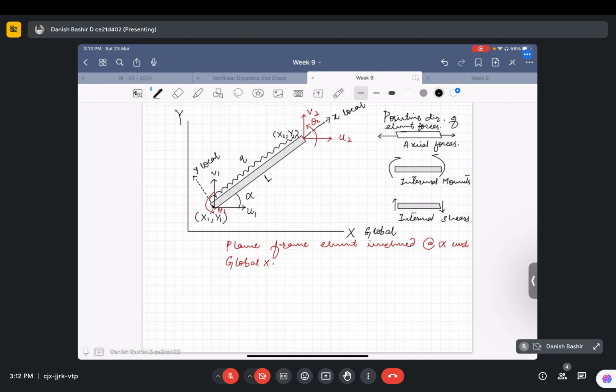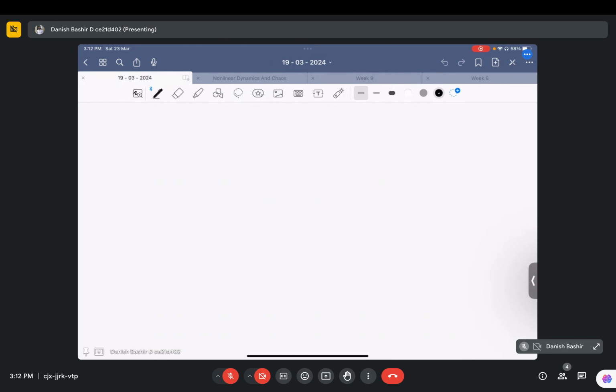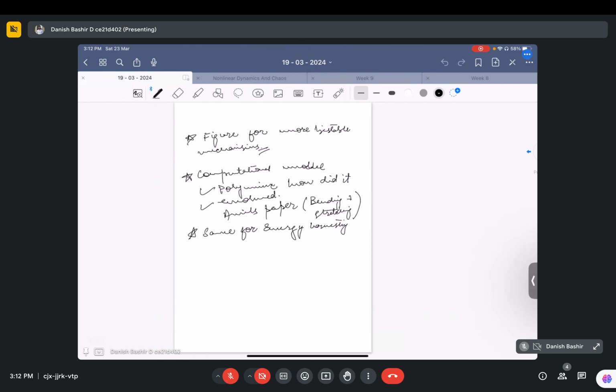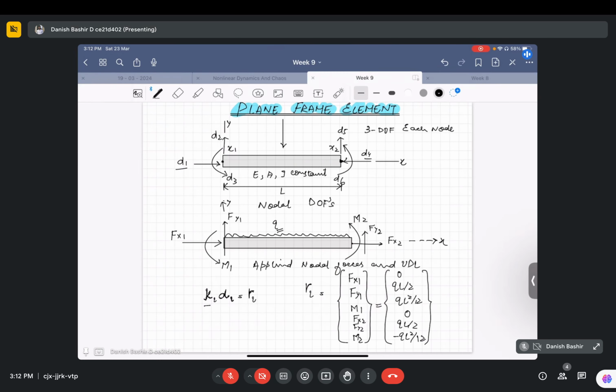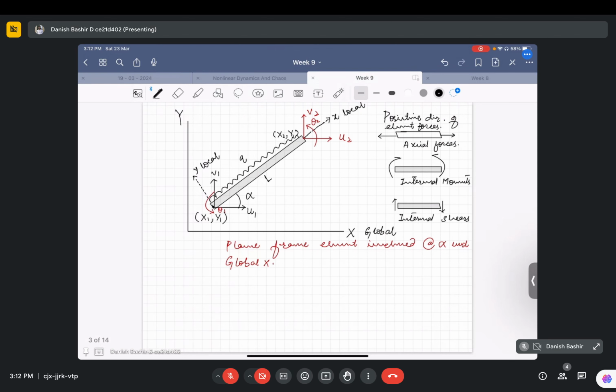So I already showed you how in the local system it is related: KL times DL is equal to RL.